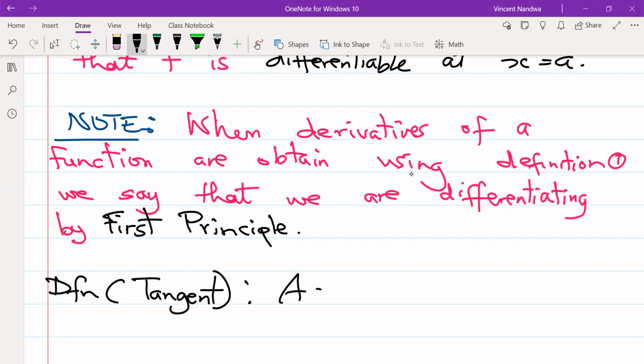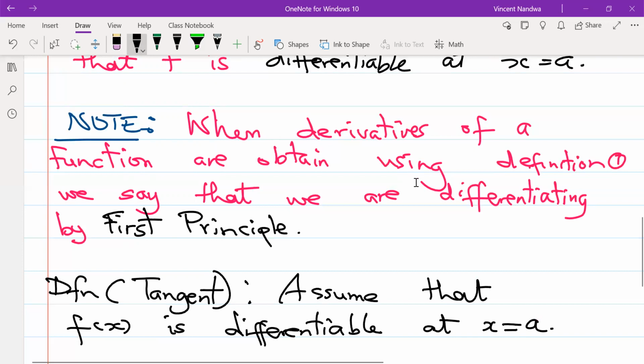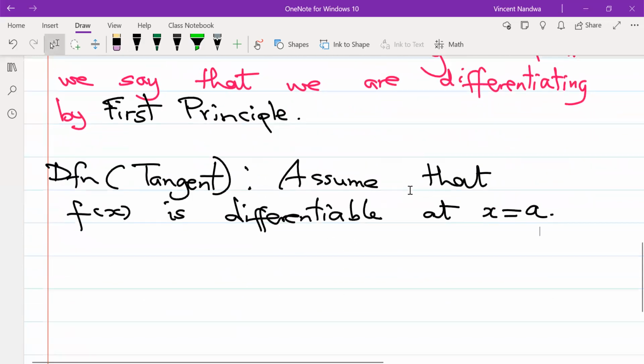Assume that a function f of x is differentiable at a point x equals a.